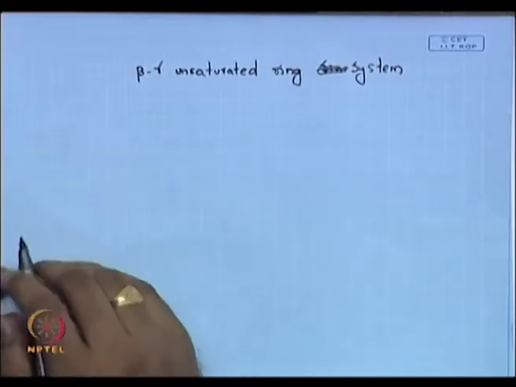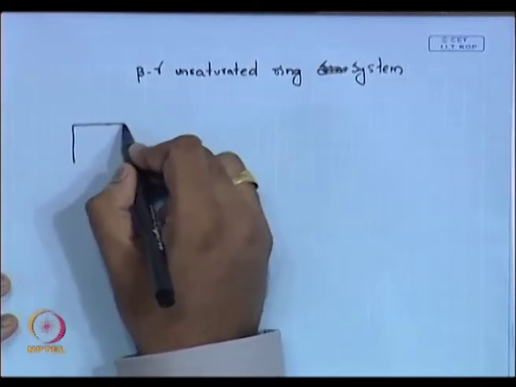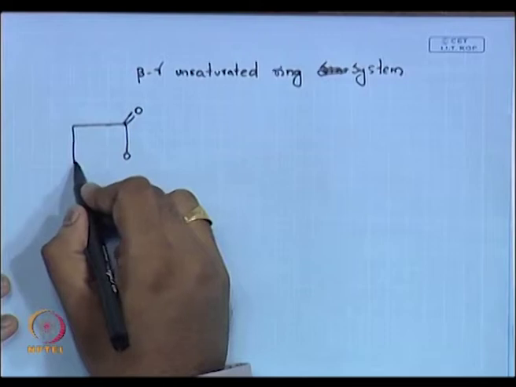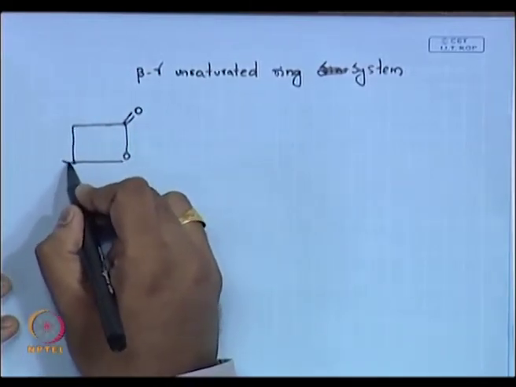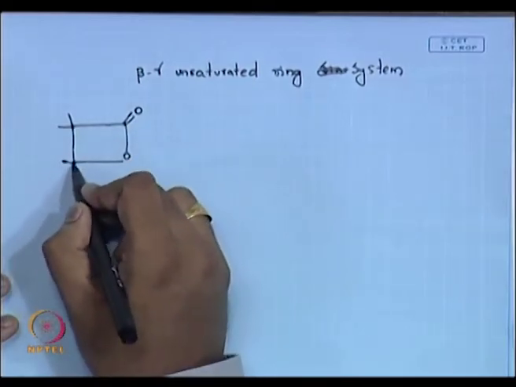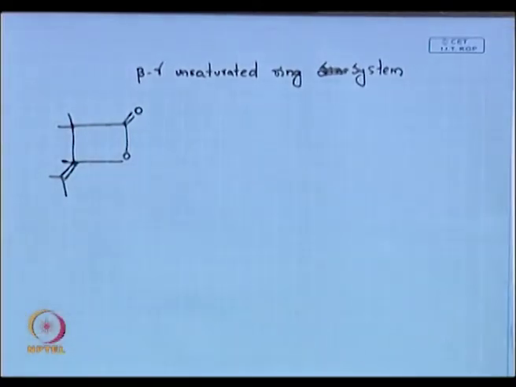We will take a system, a type of cyclobutanone, a 4-member ring system. Okay, we will take this system.